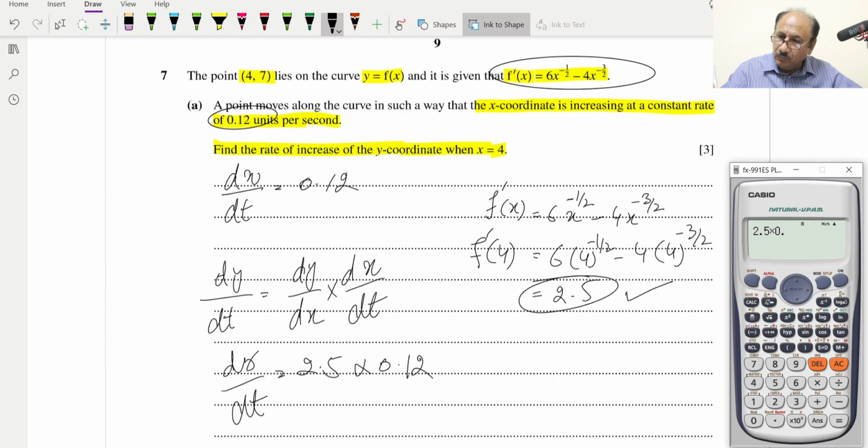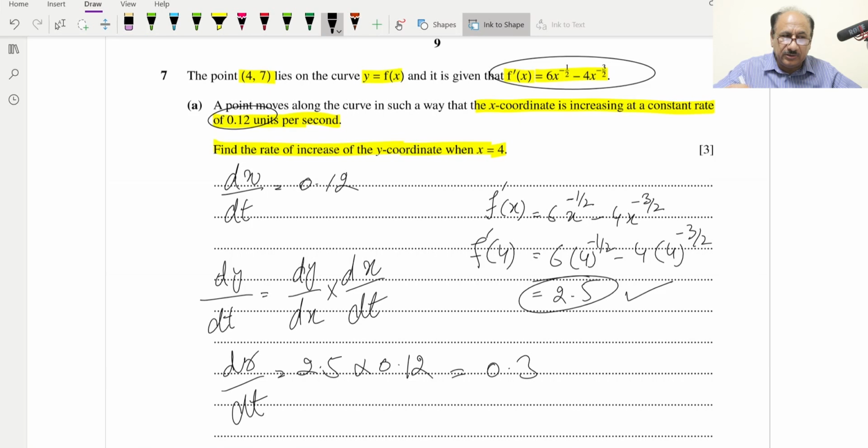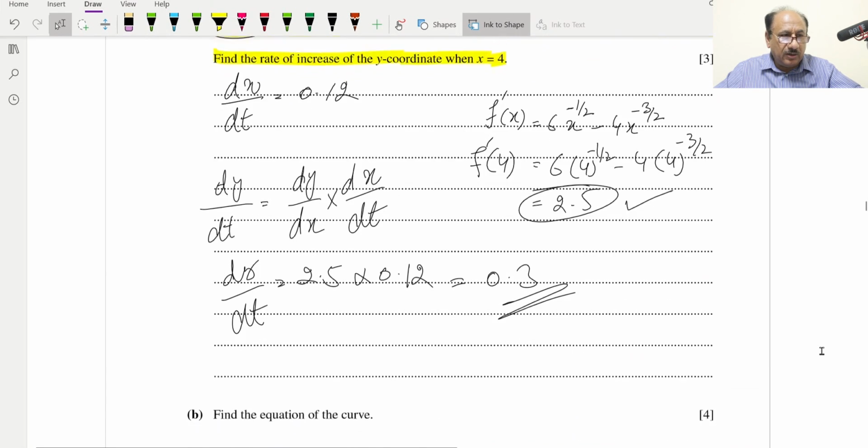This will be 2.5 multiplied by 0.12, and this will be equal to 0.3. This will be our final answer for this part A.